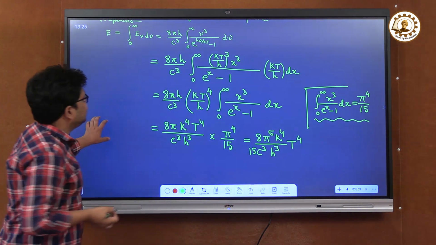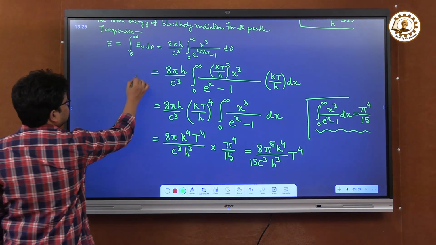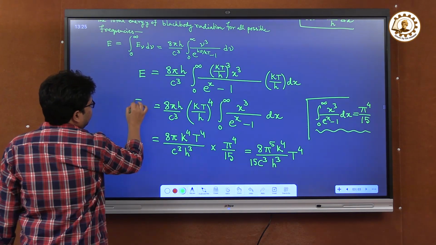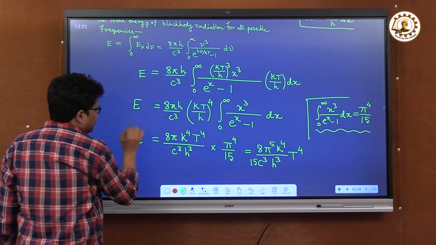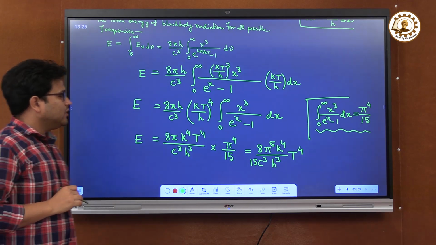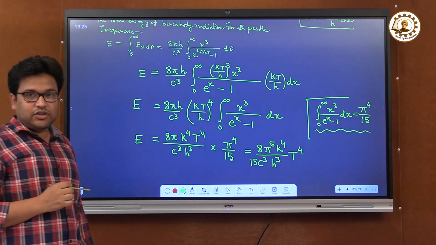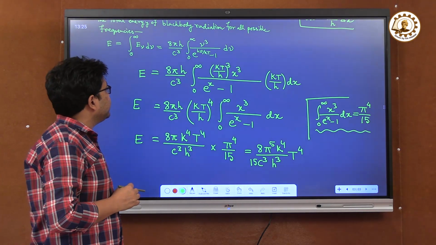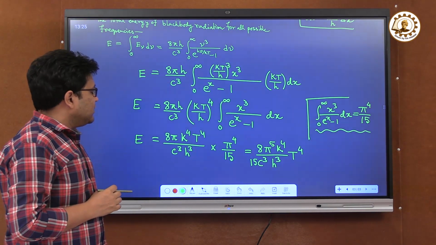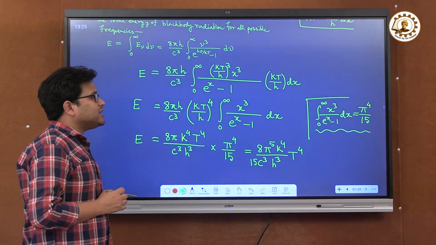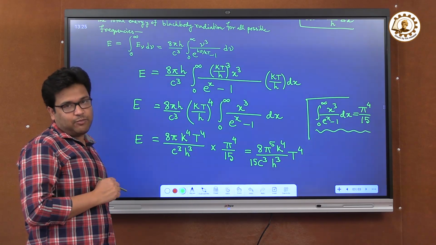So this is the expression for the total energy, for all possible values of frequency. So we have evaluated the expression for the total energy of blackbody radiation from Planck's law of radiation in terms of frequency. Now we need to find the total emissive power of the blackbody.